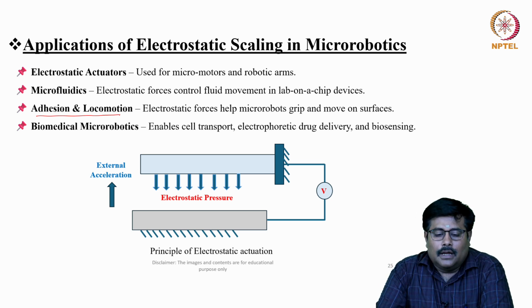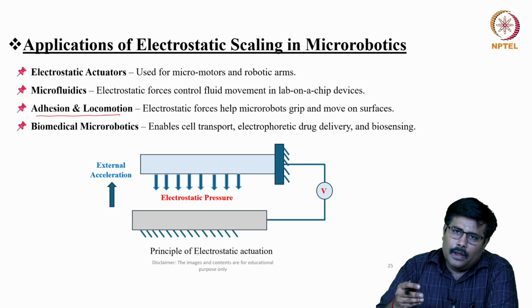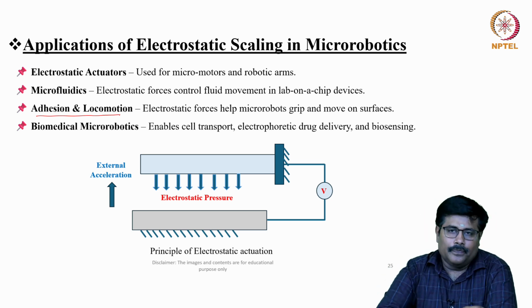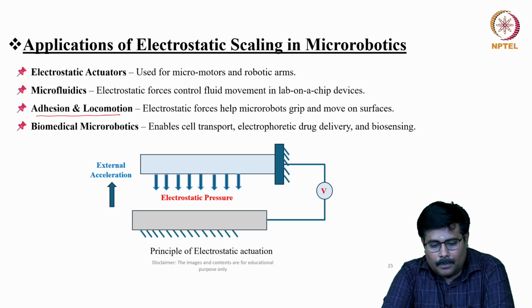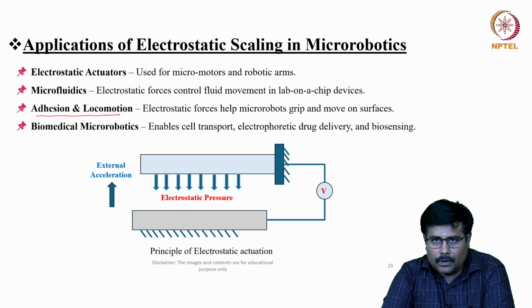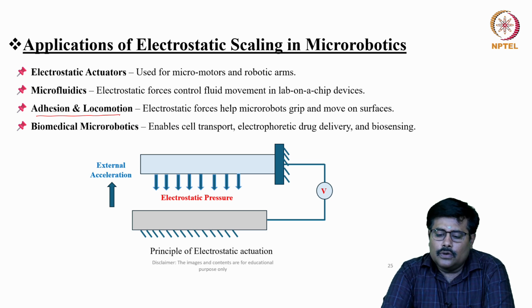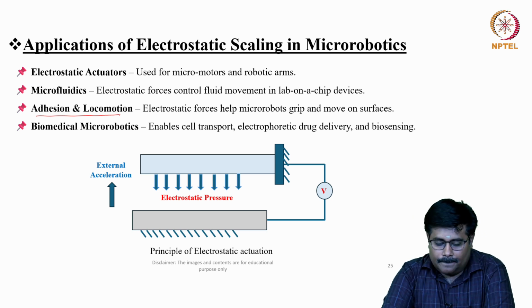In that perspective, electrostatic force helps micro robots to grip and move on a surface with intermittent displacement. Now, from the biomedical micro robots perspective, these micro robots enable cell transport. It is also used for electrophoretic drug delivery as well as biosensing.